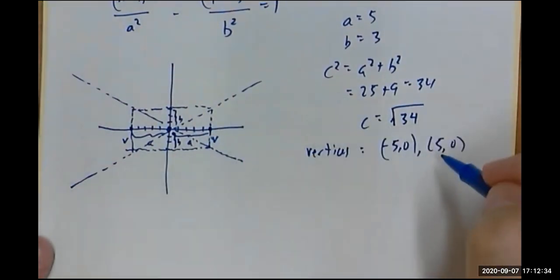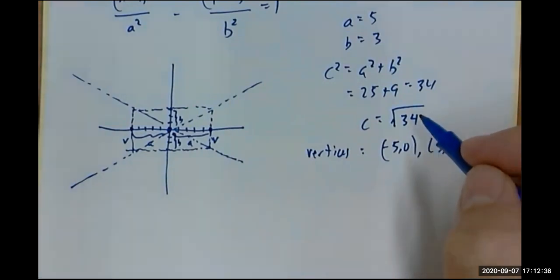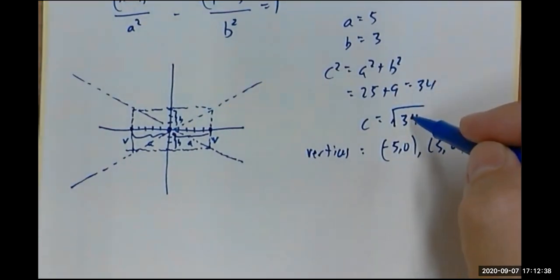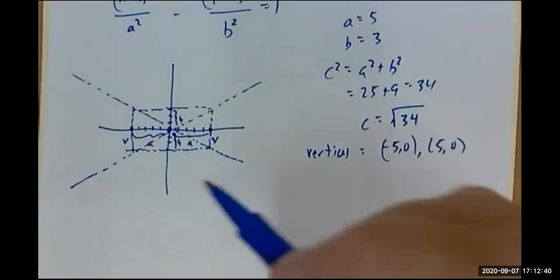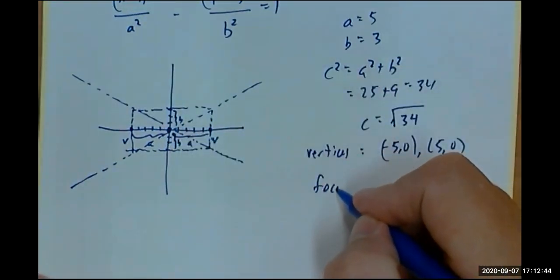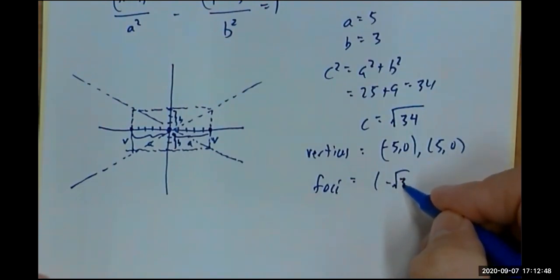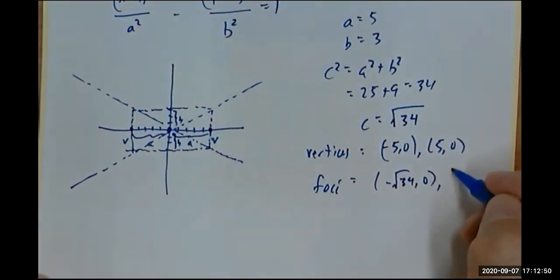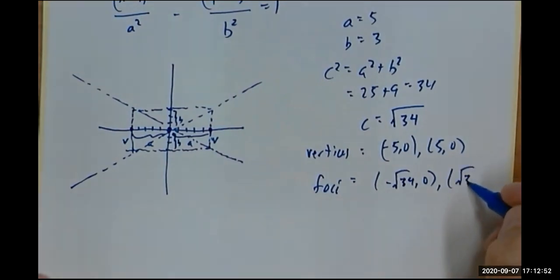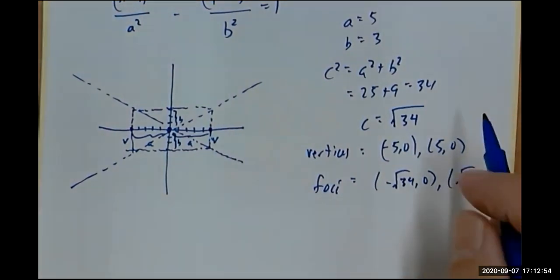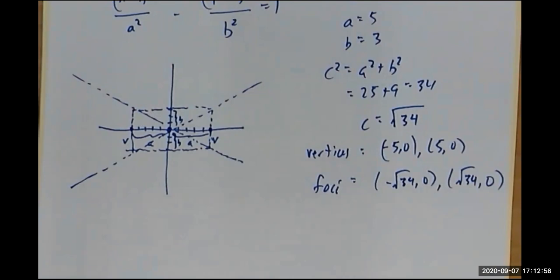Negative 5, 0, and 5, 0. So the foci, C is the distance from the center. So in this case, it's going to be negative square root of 34, 0, and square root of 34, 0. And we'll just see what actual number square root of 34 is. It's like 5.8.